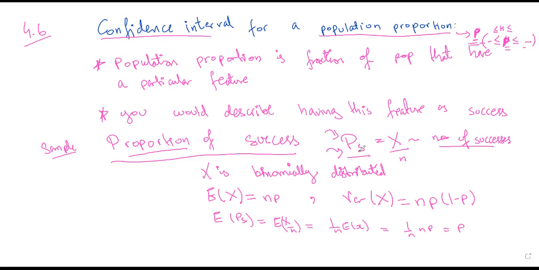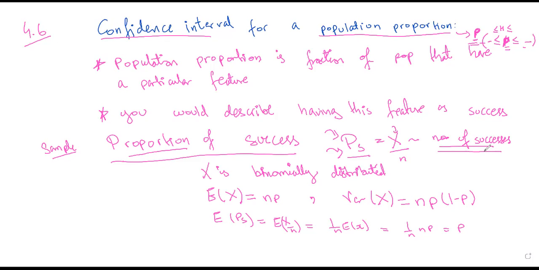Now let's talk about the formulas. P of S is X by N. This is how you define X by N. Just like you define the sample mean as summation X by N, here you define it as X by N. And here this X is basically number of successes.